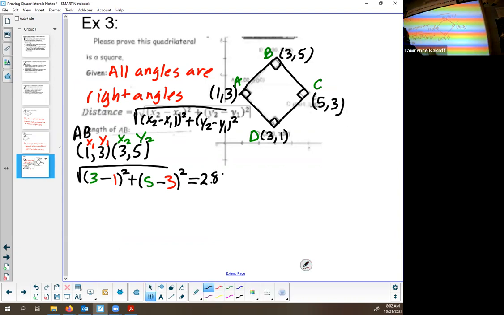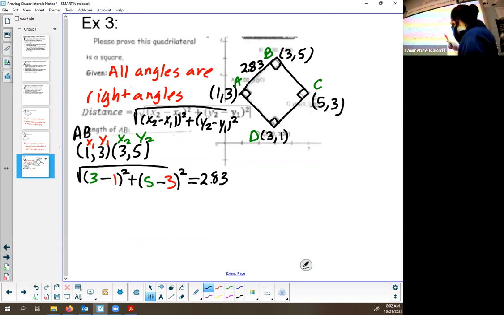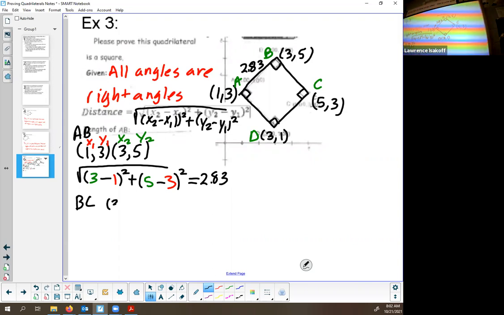I'm going to also write this up here that I now know that this is 2.83. We'll repeat this process 3 more times. I have AB, now I'm going to go systematically through. I'm now going to hit BC. So BC is the following points. It's (3, 5) and (5, 3).